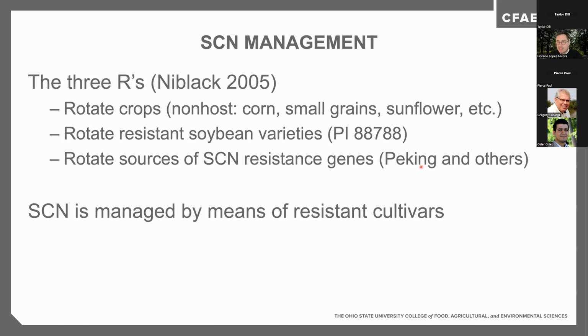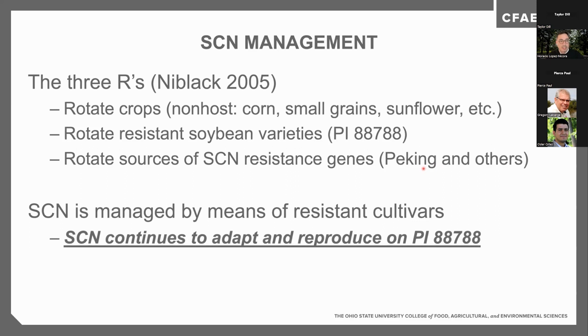SCN is best managed using resistance when we don't want to rotate to a different crop. Unfortunately, SCN continues to adapt and reproduce on PI 88788, which is present in more than 90% of the commercially available soybean varieties with resistance to soybean cyst nematode.